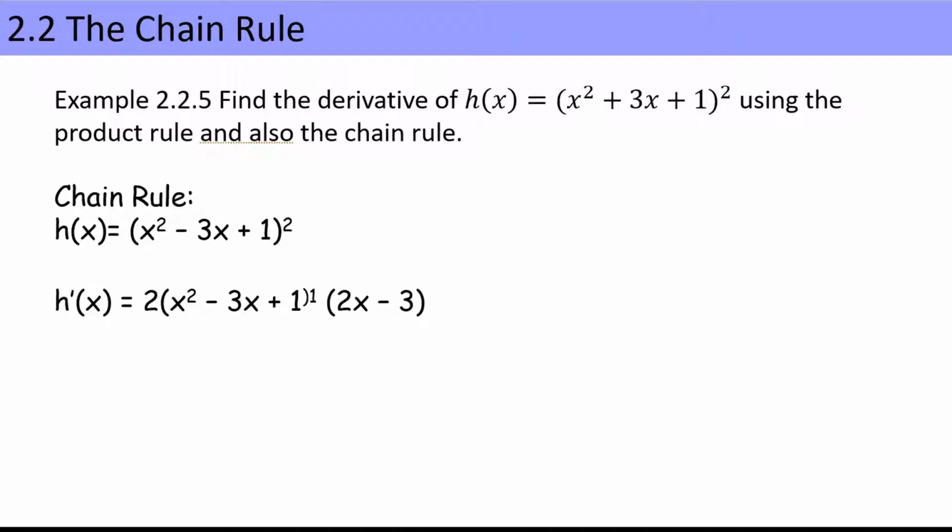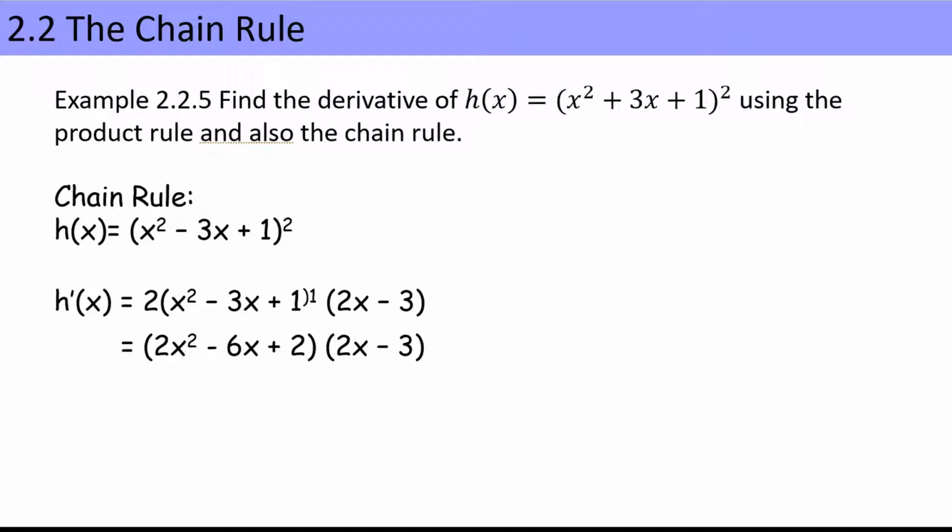Let's go ahead and distribute the 2 through the first set of terms in the parentheses, so we'll have 2x squared minus 6x plus 2, and still times 2x minus 3.